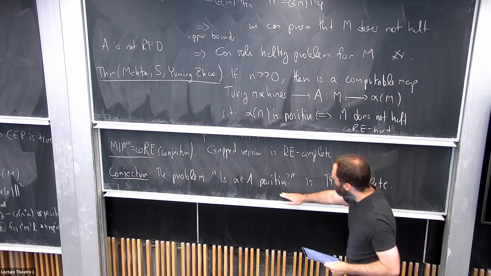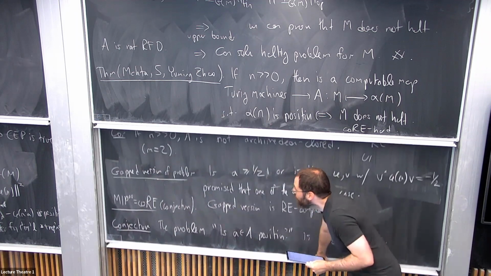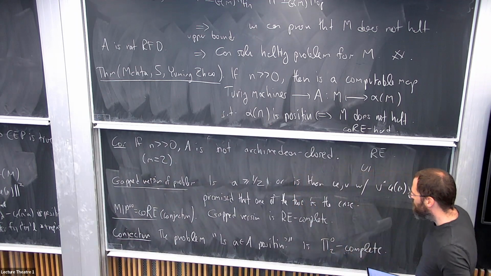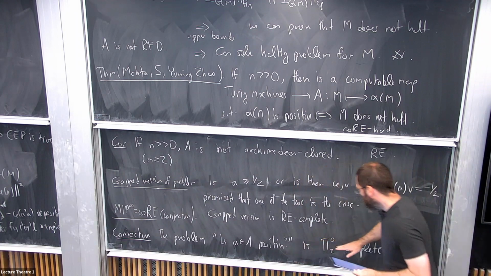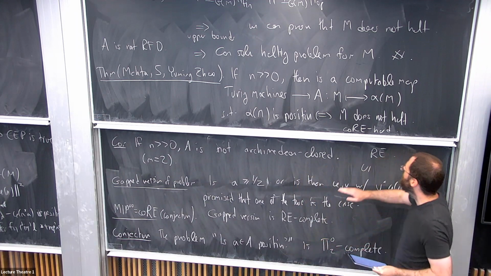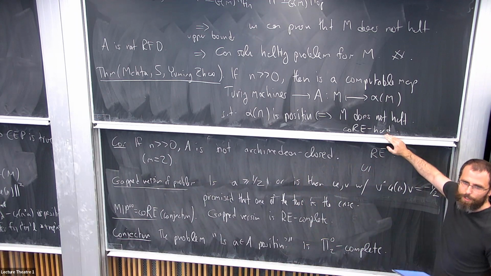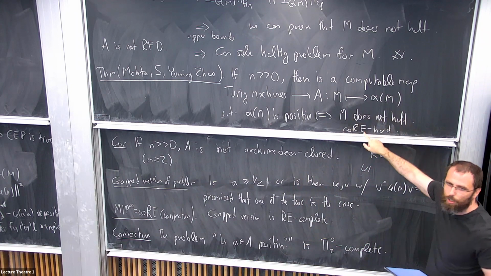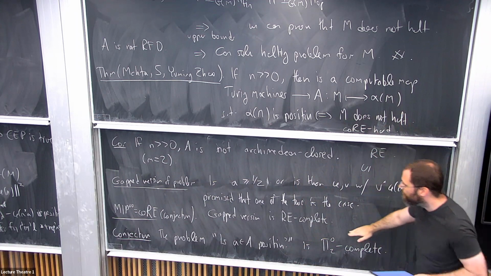So if this MIP_co equals co-RE conjecture is true, then this problem is both RE hard and co-RE hard. So it has to be harder than both. So this can't be the final word on how hard this problem is, if this conjecture is true.